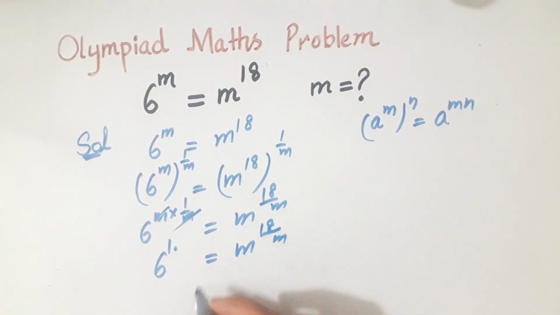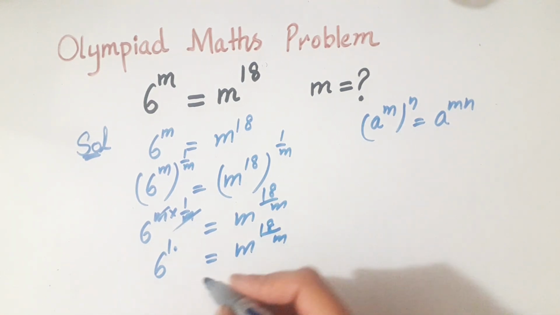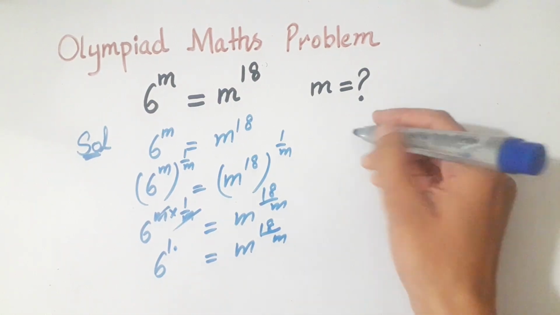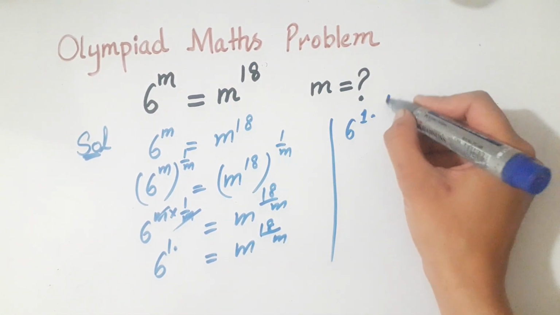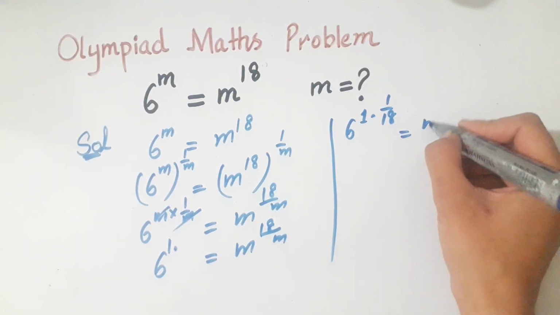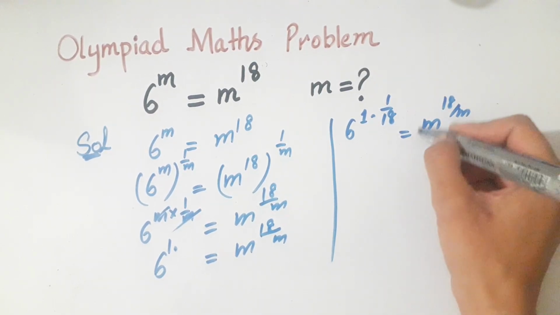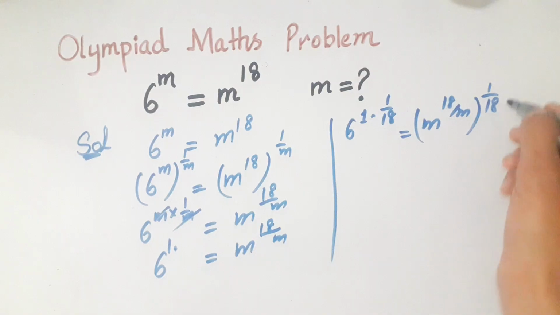Now we will take power 1 over 18 on both sides. So 6 raised to power 1 multiplied by 1 over 18, and m raised to power 18 by m, power 1 over 18.